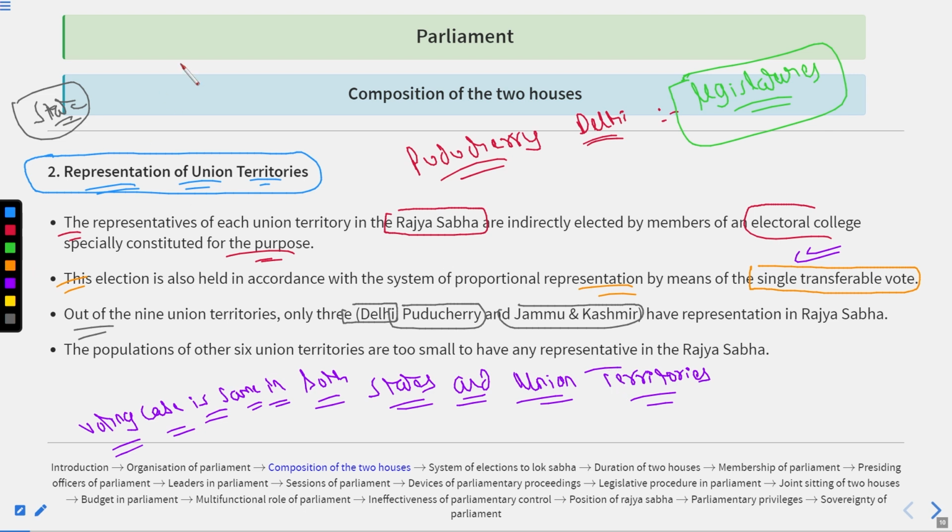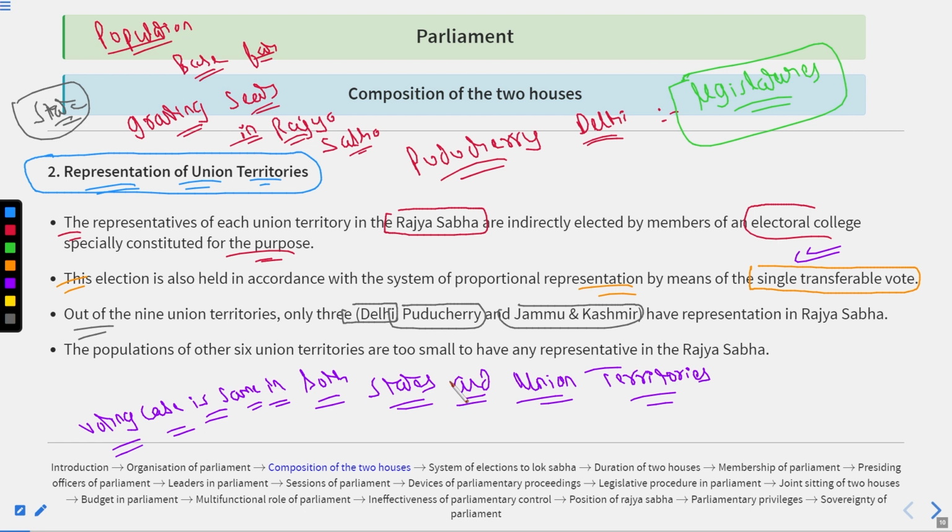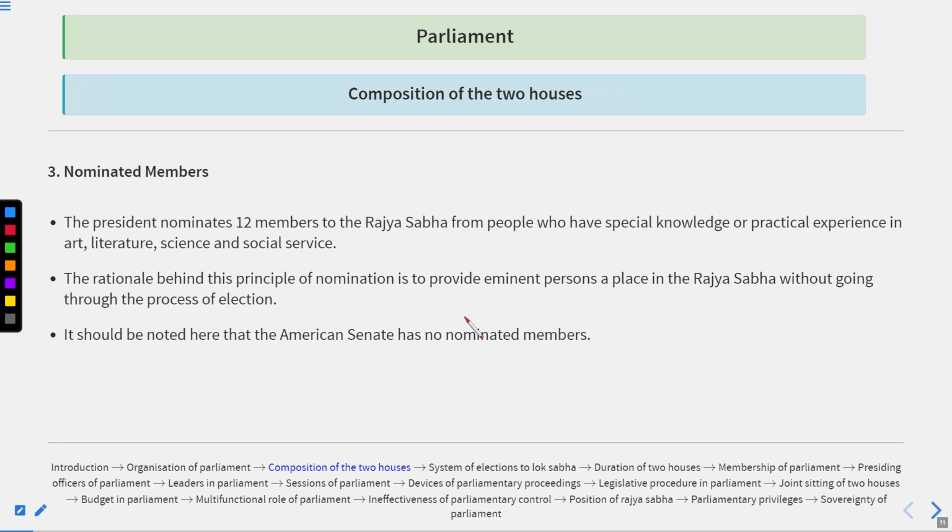Because we know that there is a population base for granting seats in the Rajya Sabha. So if we follow this, we will find that only Delhi, Puducherry and Jammu Kashmir have enough population to have representation in the Rajya Sabha, while the other 6 union territories do not have that much population.